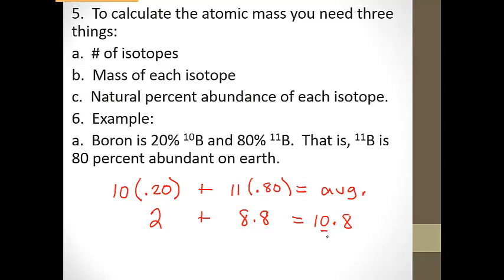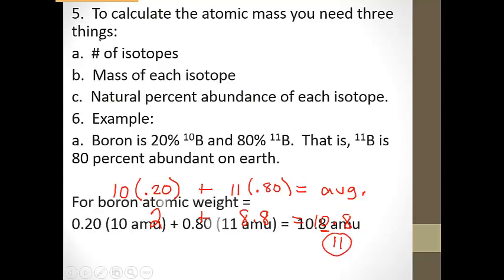So I'm only allowed to keep to the ones place, no decimal places. So the 8 rounds up, and my average mass is 11. Not 10.8. 10.8 would be the mass if we were not including significant digits.